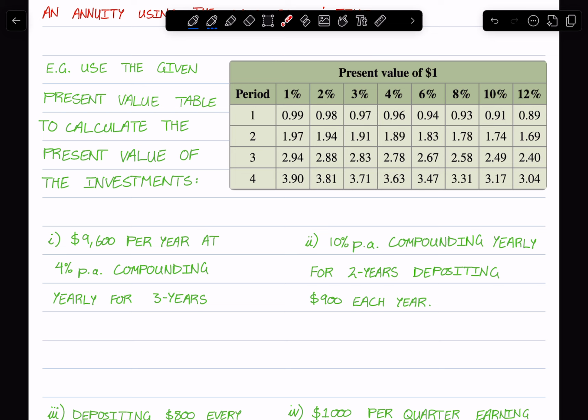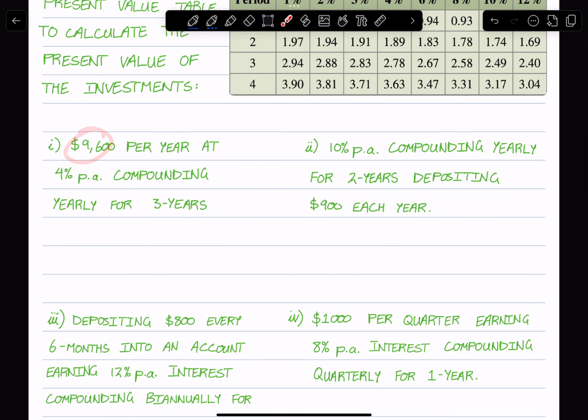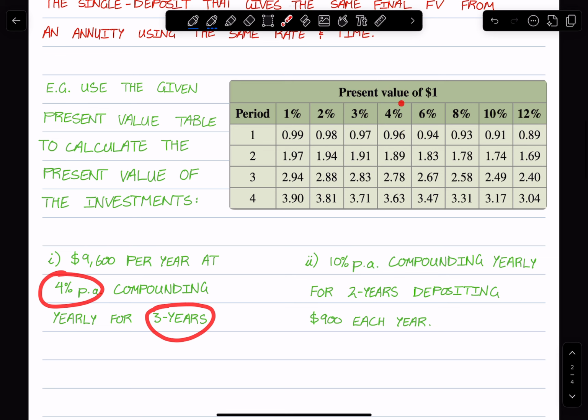Let's find the present value of the following investment annuities. So in this case, $9,600 per year. This is the annuity. 4% per annum for 3 years. So 4%, 3 years. There it is, 2.78.